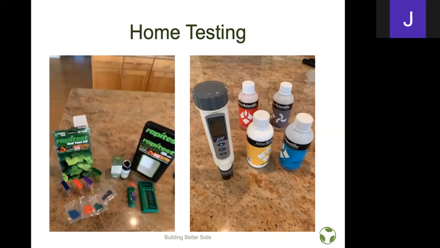Okay, good. So basically you put a little bit of soil in the bottom and add distilled water. It's really important to use distilled water here. If you use our Colorado water, there's so much salt in it, and it's been treated with chemicals, that it really throws things off.